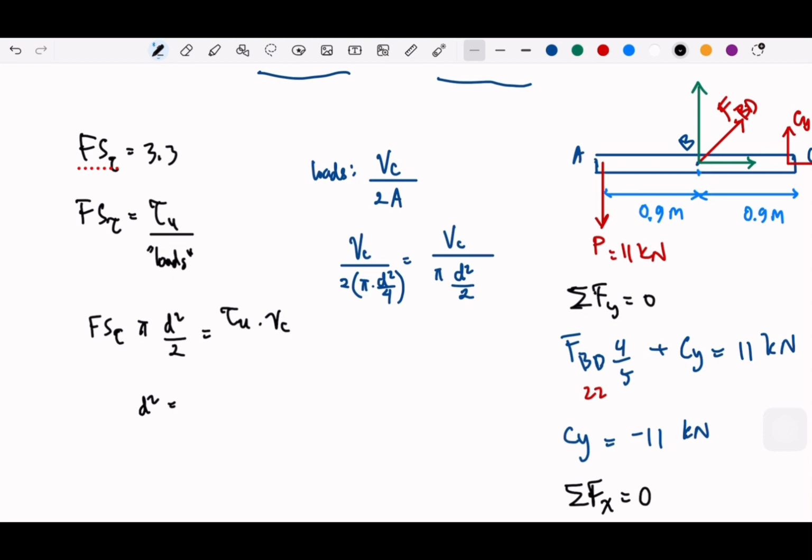Oh wait, wrong. I made wrong multiplications. Let me write here first to avoid mistakes.